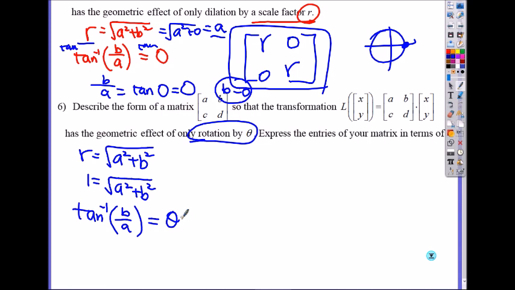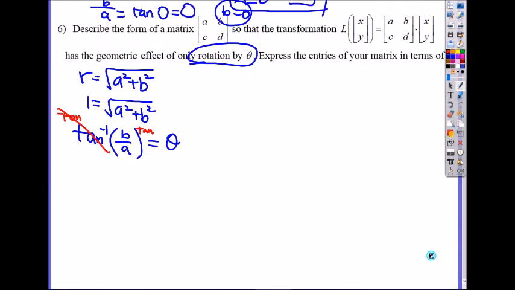So let's see what that gives us. So how do you undo arctangent, inverse tangent? You take tangent on both sides, right? So now, b over a is tangent of theta. What's tangent of theta as a quotient?